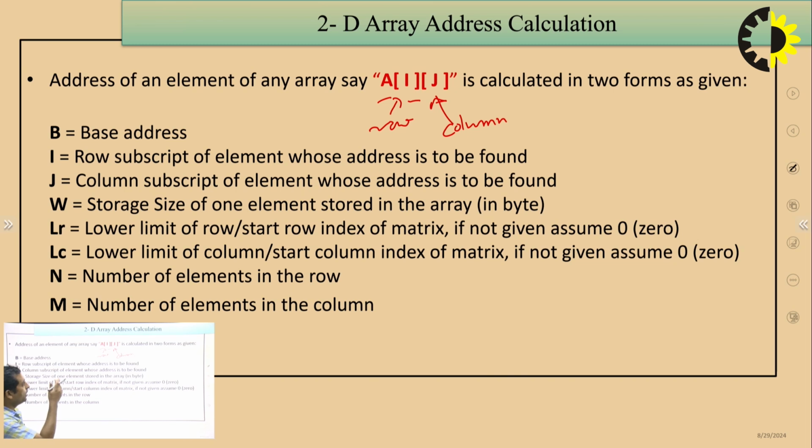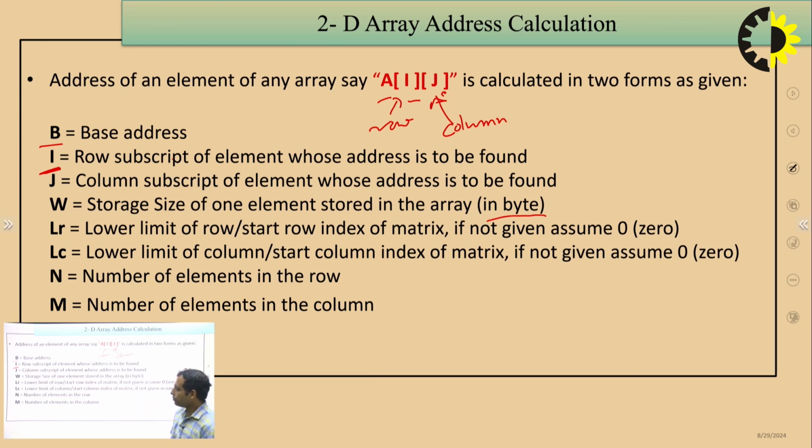B is the base address of the 2D array. I is the row subscript of the element whose address is to be found, J is the column subscript of the element whose address is to be found, and W we already know, the storage size of one element in bytes.